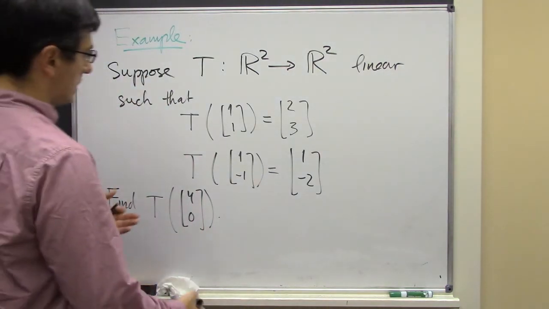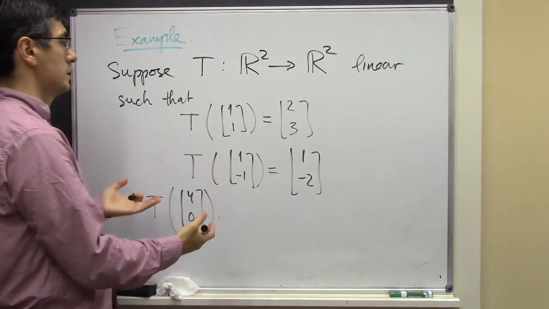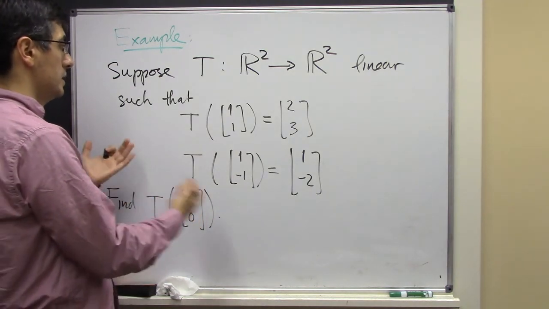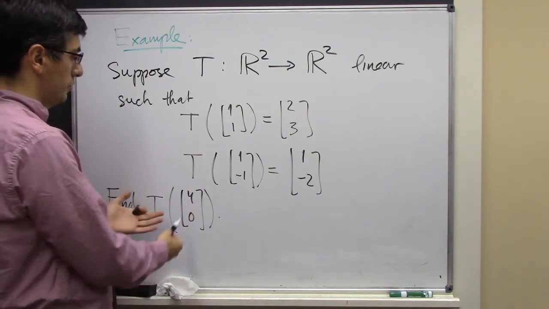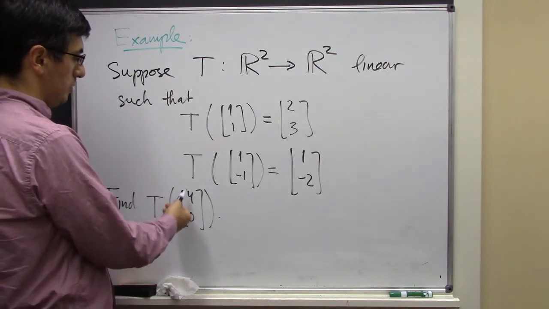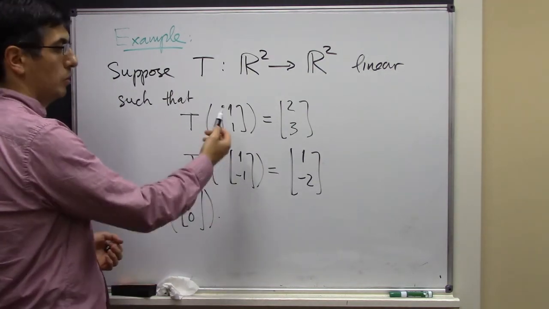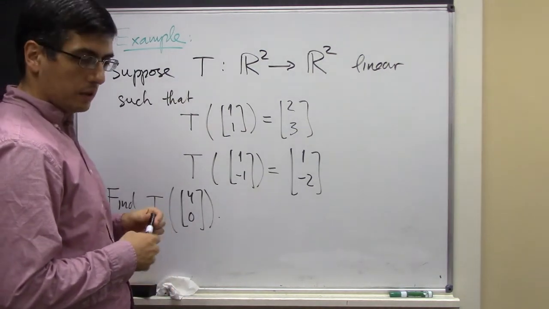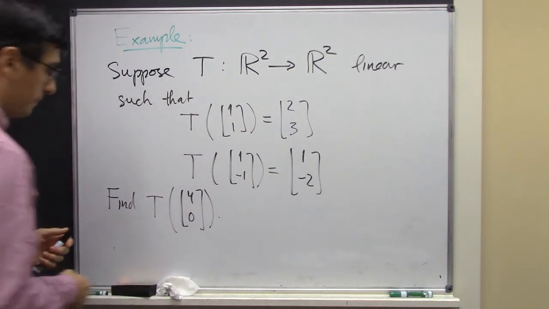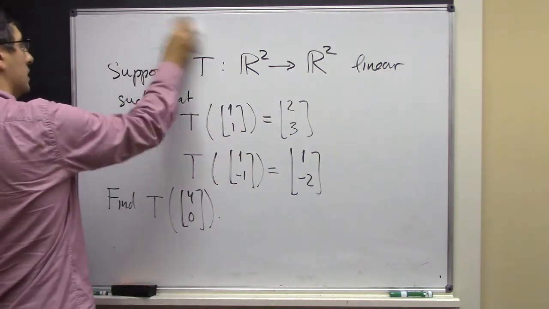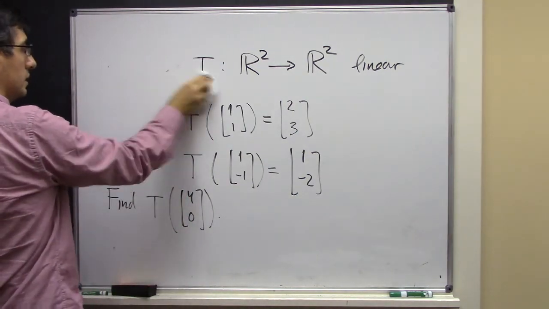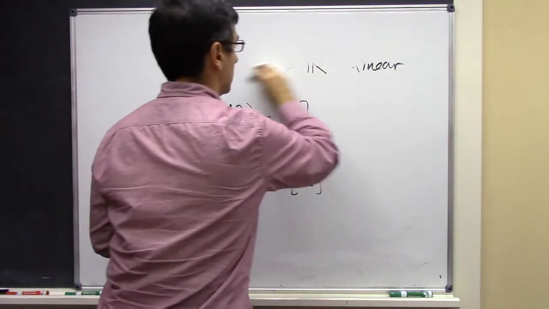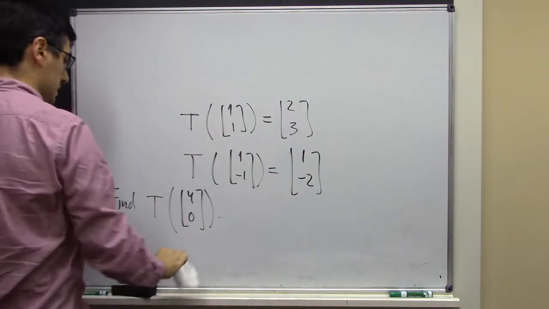Alright, it seems like we don't know the matrix that gives this map. So how are we going to find the value at (4, 0) if we only know the images of two vectors? It turns out that this is sufficient. The trick of doing this is the following.